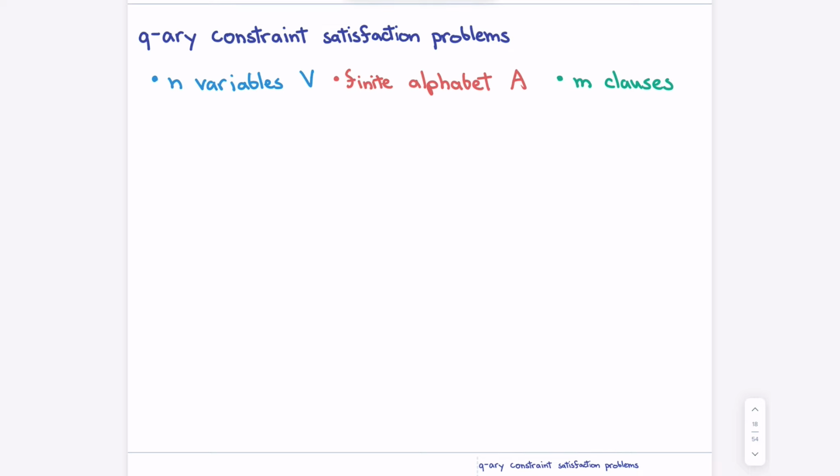So before the graph part, let me first just explain what a constraint satisfaction problem is. You have variables, an alphabet, and clauses.